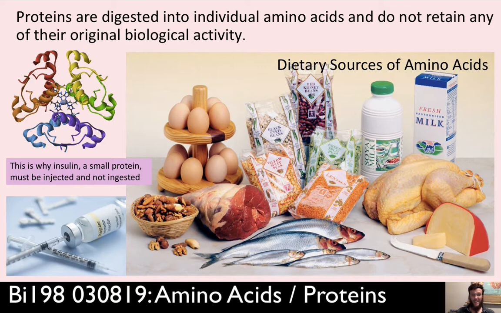It can't be eaten, because our body would just digest it. It would break the insulin down into the amino acids, and we need the insulin to still be biologically active. So we have to inject it into the body, bypassing the digestive system, so that the insulin protein is still able to do its job and signal to the cells that it's time to take up the sugar that's in your blood.